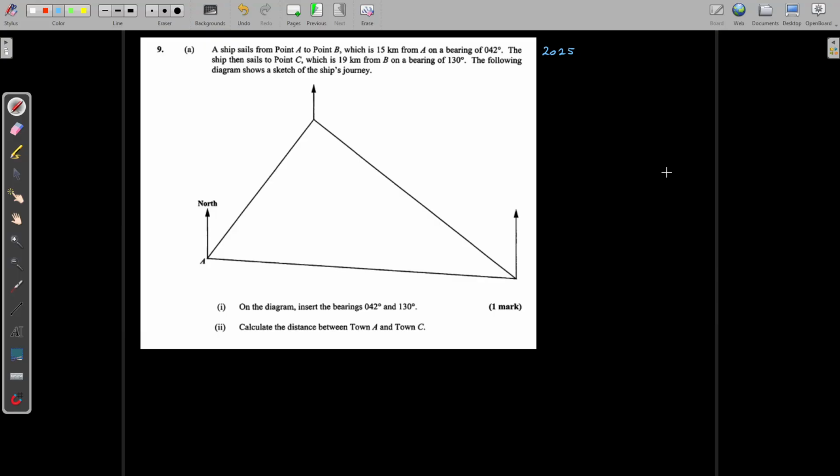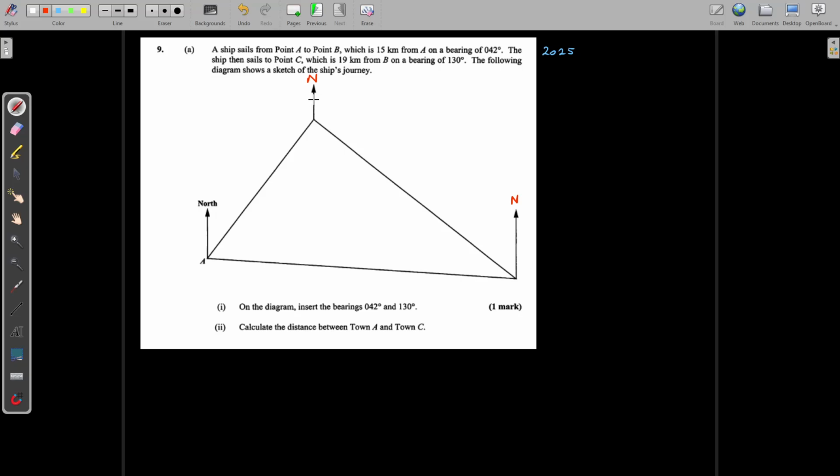Alright, so the first thing that they told us is that the ship sails from point A to point B, which is 15 kilometers on a bearing of 042. So we know, or we should know, that bearings start at the right of the north line. So we have a north line here, we have a north line here.